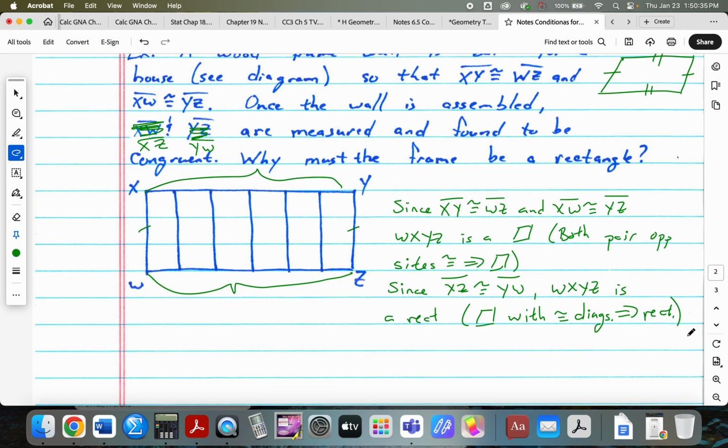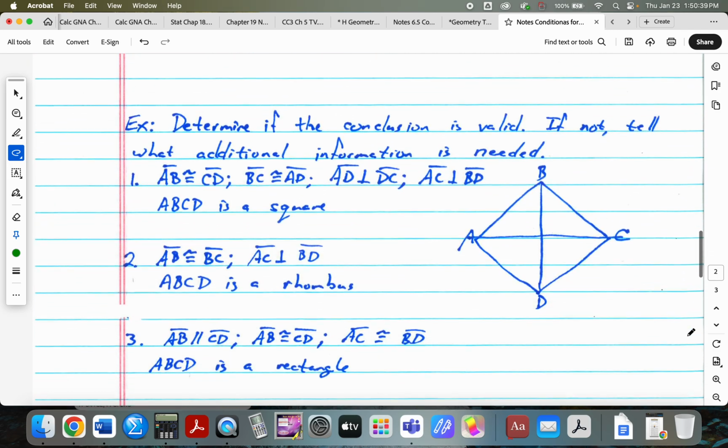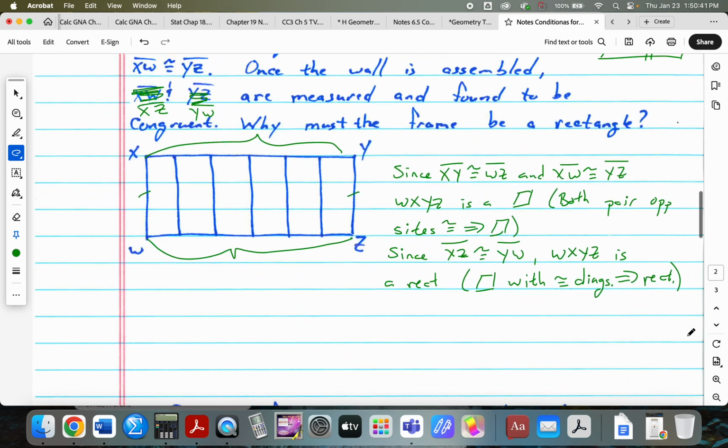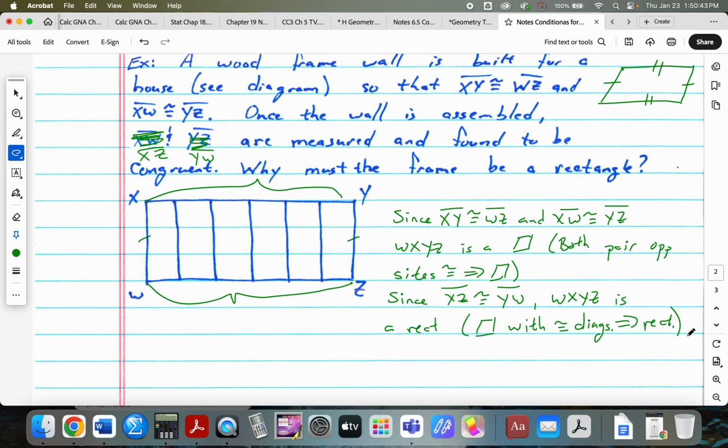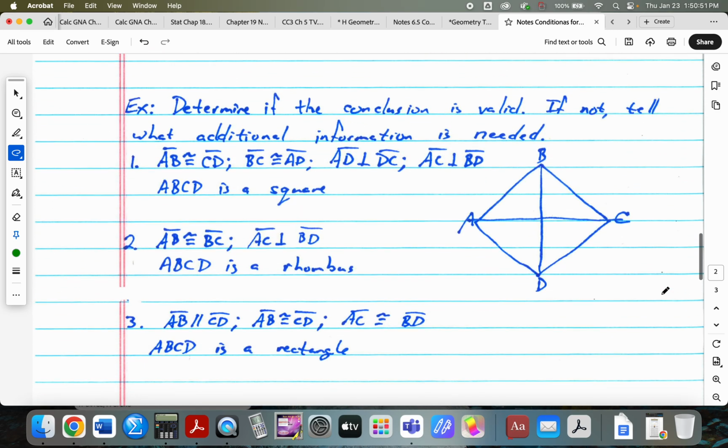Any questions about that example? Yeah, that's fine. You good? Okay. Anytime I move before you're finished copying, just let me know.